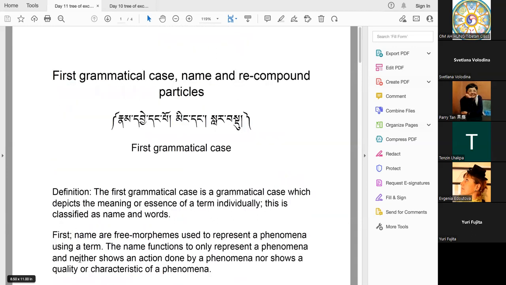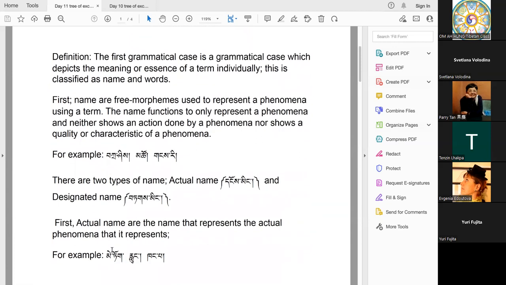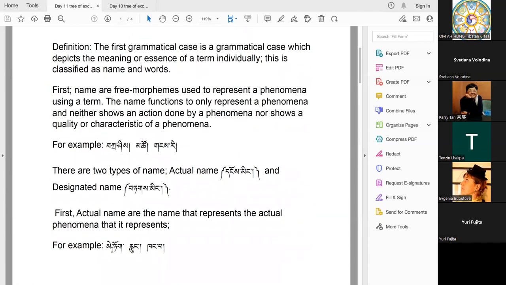Okay, so there are two types of name: actual name, Ngu Ming, and designated name, Tak Ming. Ngu means actual, Ming means name, Tak means to designate, to impute, or to label, and Ming is name. So Ngu Ming or Tak Ming, actual name and designated name.